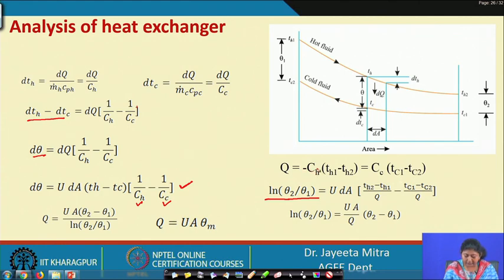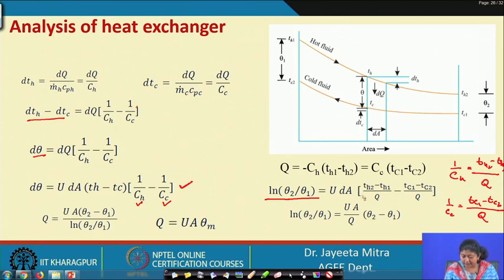So, we can write this now as 1 by Ch will be equal to Th2 minus Th1 by Q, and 1 by Cc will be Tc1 minus Tc2 by Q. Okay.